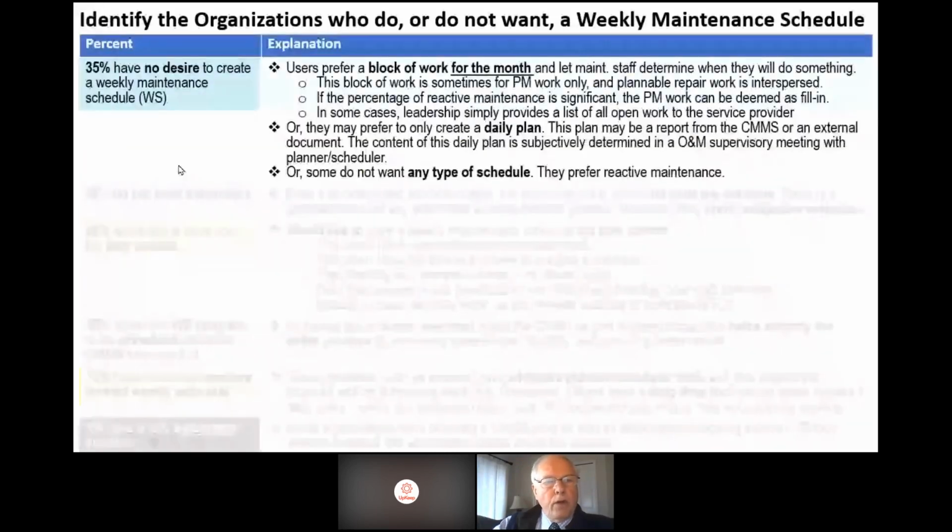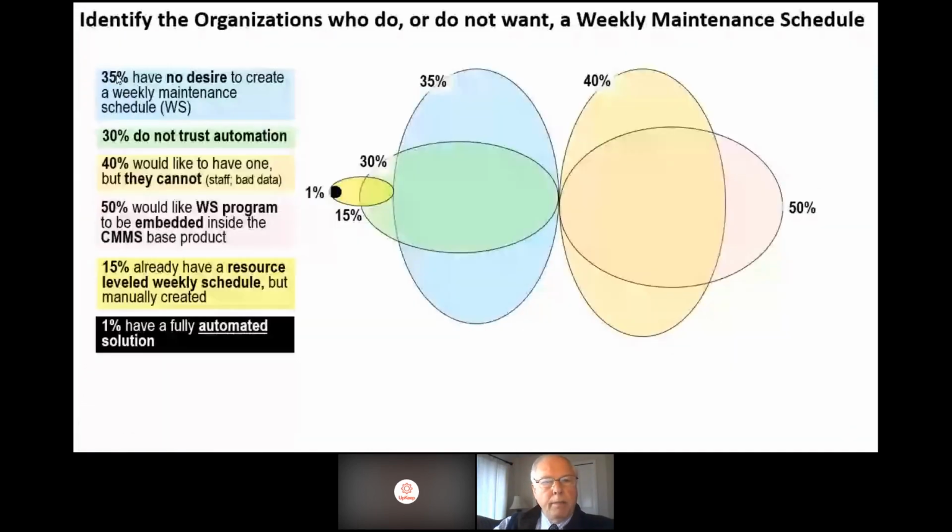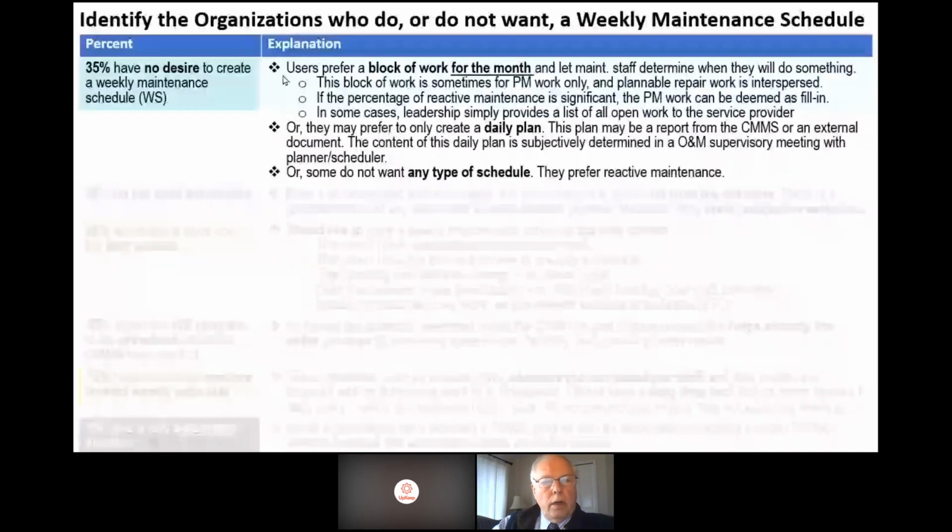So here's the 35% that we had on the previous screen right there, 35% at the top. Okay, now 1, 2, 3 here on the bullets. Some users prefer a block of work for the month. So again, with the PM guys, they generate PMs for the whole month. Well, that's not a weekly schedule. They let the maintenance staff determine when they will do something.